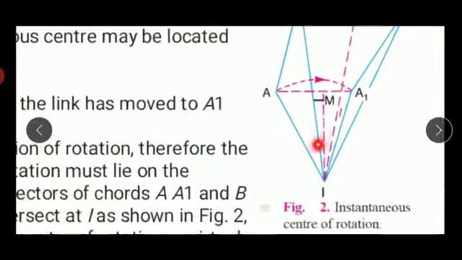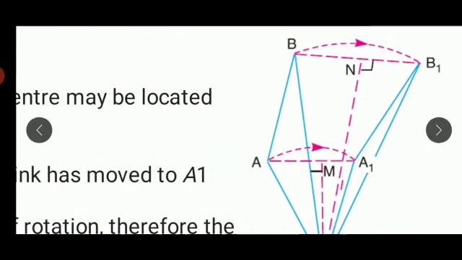Now, in order to determine the velocity of the link or at any point on the link, let us see how it goes. Let's suppose I have a link AB. On link AB, I have a particular point, let's suppose that point is P. If I want to find the velocity of that point P, then the velocity is determined as V equals the product of r into omega.